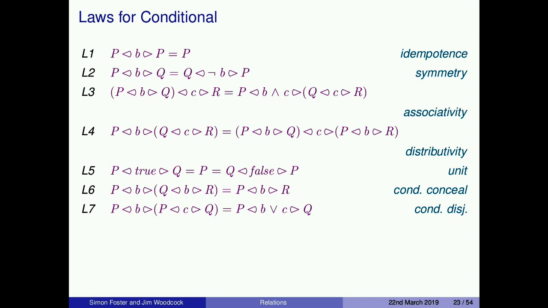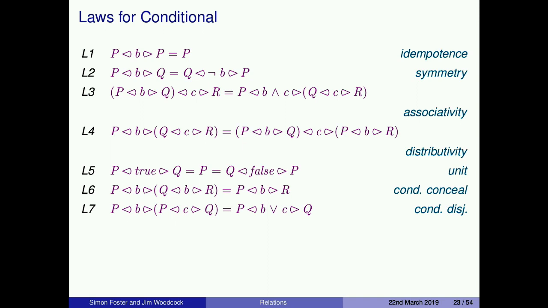precisely the same. This is called the conditional concealment, or the shadowing law. What this says is that if I have a conditional on the outside on B and then another conditional in the then branch on the same B, then I can basically just drop out Q because it's an unreachable branch.